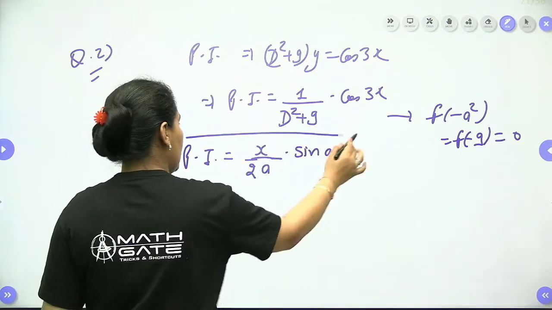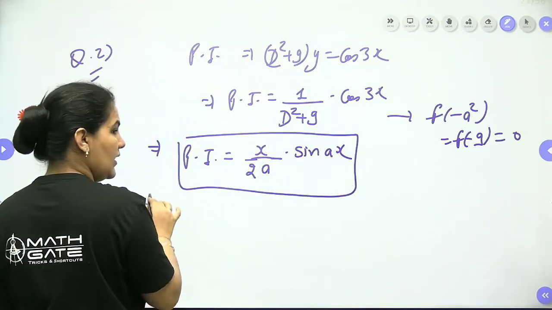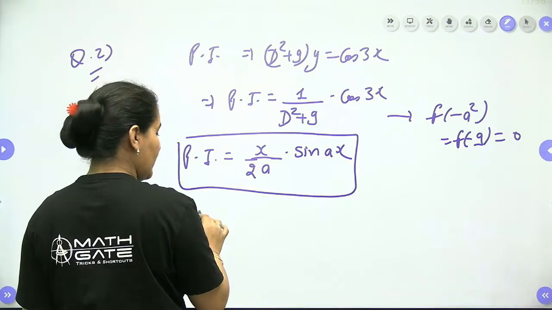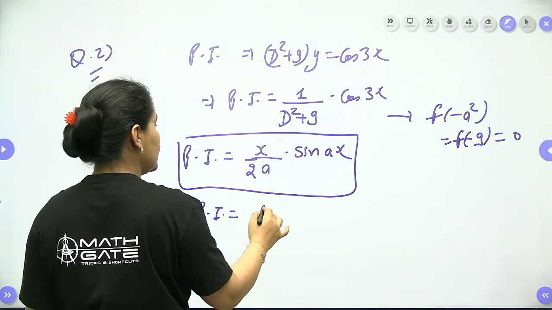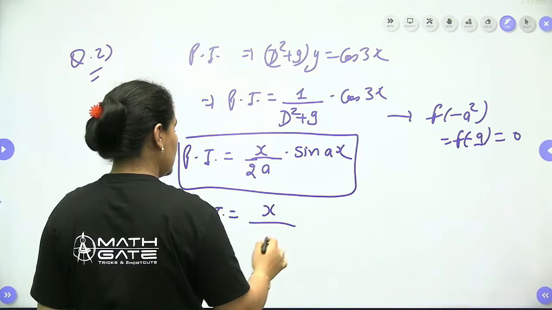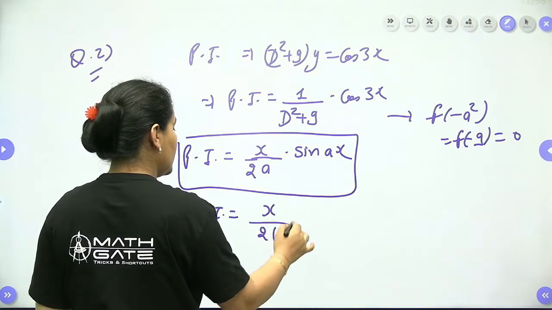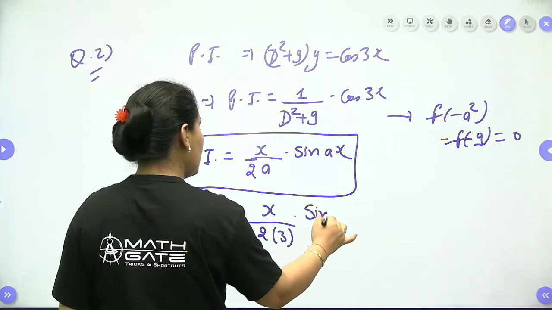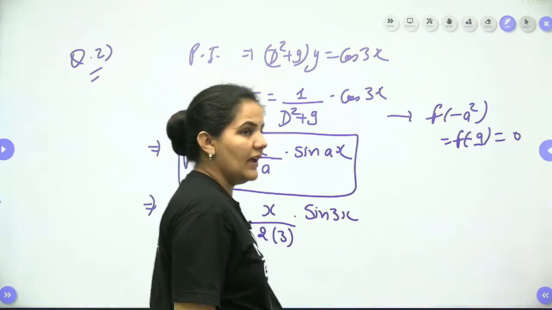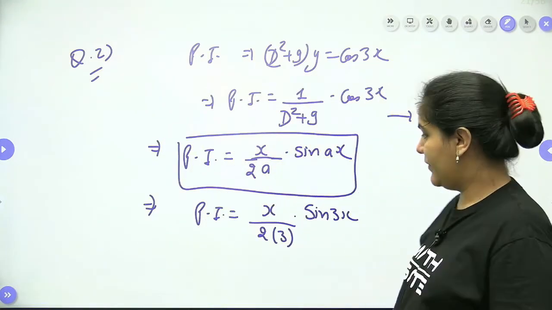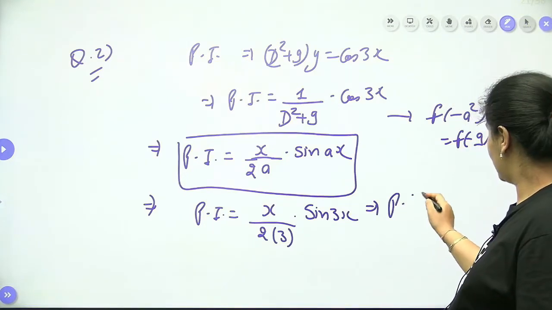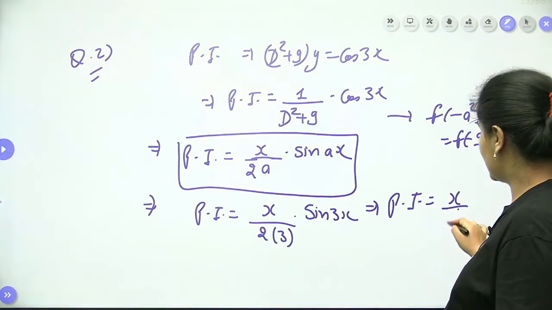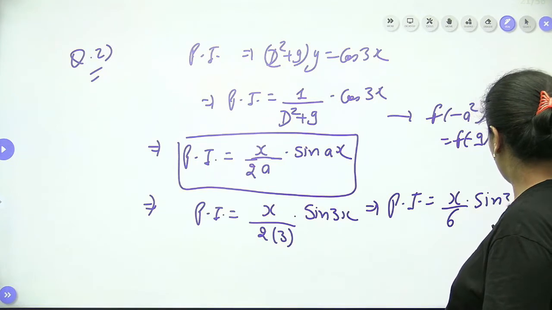So at the place of a, we can write 2 into 3. Cos of 3x will become sine of 3x. Hence we can conclude here, the PI is equal to x by 6 into sine of 3x.